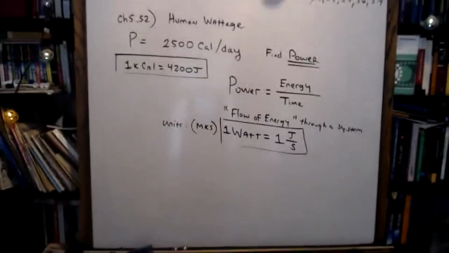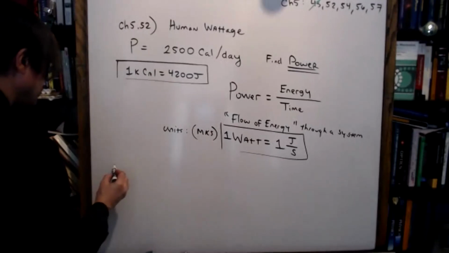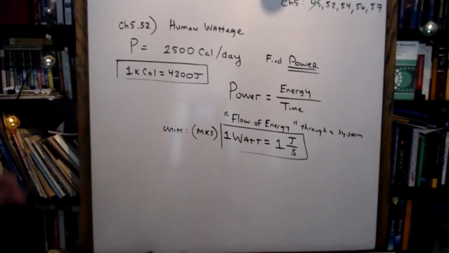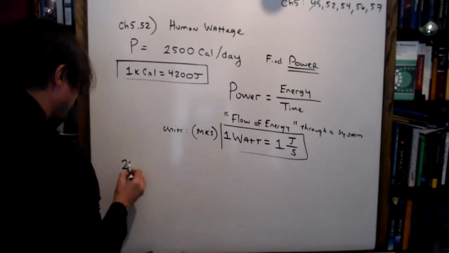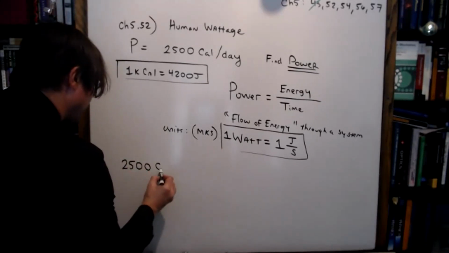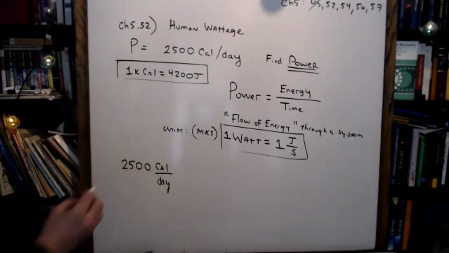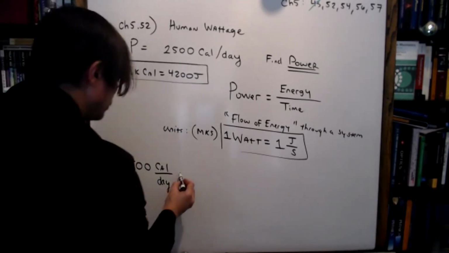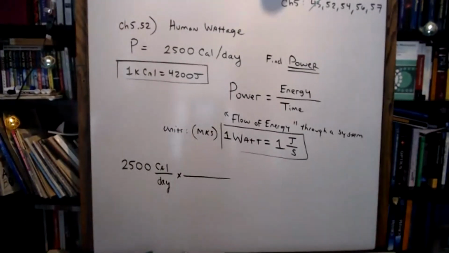What do we start with here? I think we're starting with our 2,500 calories per day. Excellent. What do we do next? The multiplication division bar. Excellent. What do we do next? Calories on the bottom.